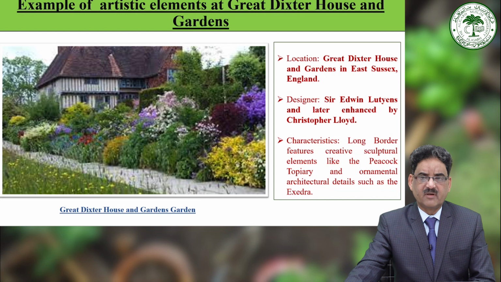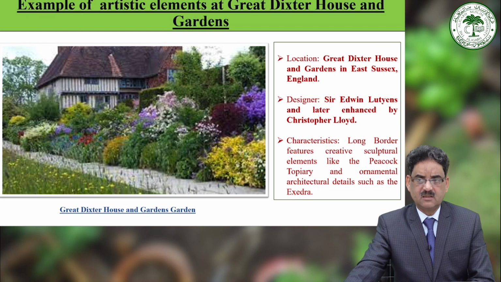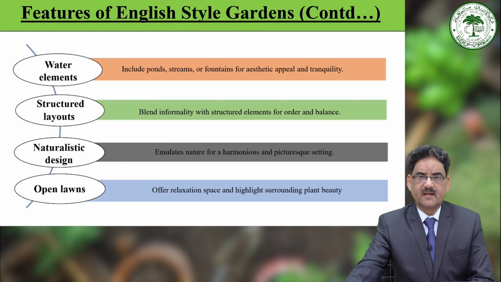The long border, for example, showcases sculptural elements such as the peacock topiary that add a creative touch. Additionally, the garden includes architectural details like the etc. It is an ornamental structure contributing to the artistic atmosphere of this garden. Let's move on to our next slide.